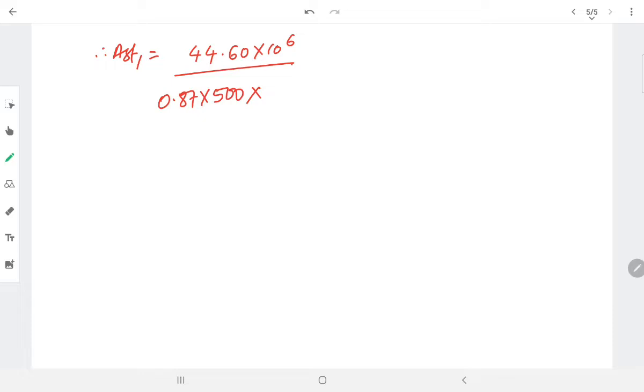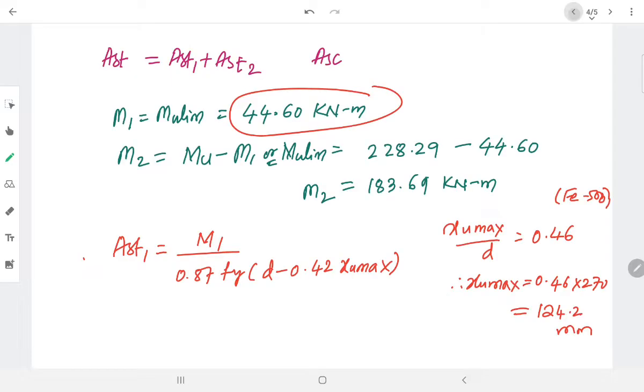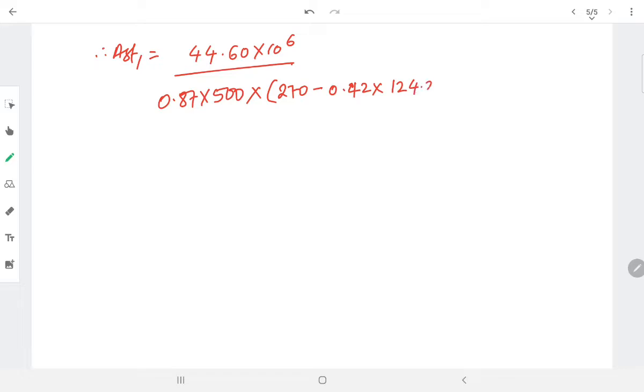Next, into bracket D minus 0.42 XU max, where D is 270 and XU max is 124.2. When you solve this, AST1 is equal to 470.666 mm square.